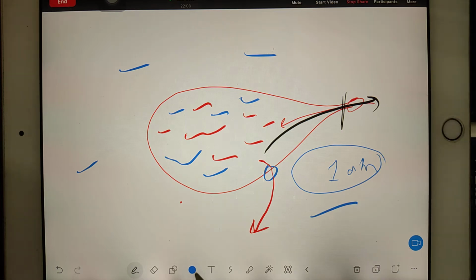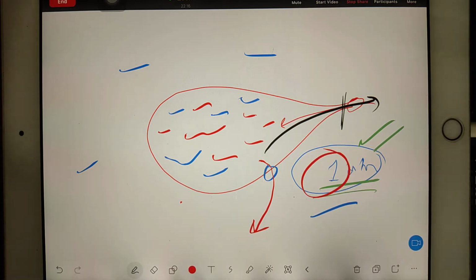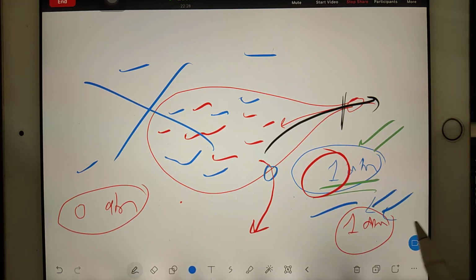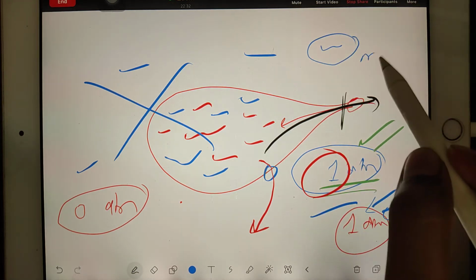Now, the point is, when we are saying 1 atmospheric pressure, what is this 1 atmospheric pressure? And what if I want to say 0 atmospheric pressure? If you want to say 0 atmospheric pressure, it means we are saying there is no molecule present. And when you are saying 1 atmospheric pressure, it means exactly those many molecules are present as are experienced by nature at mean sea level.